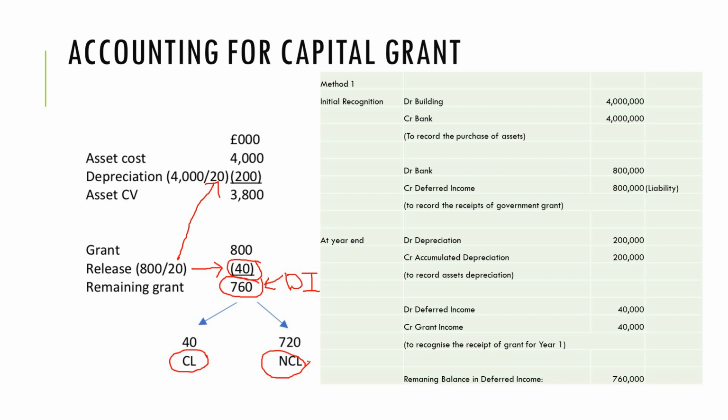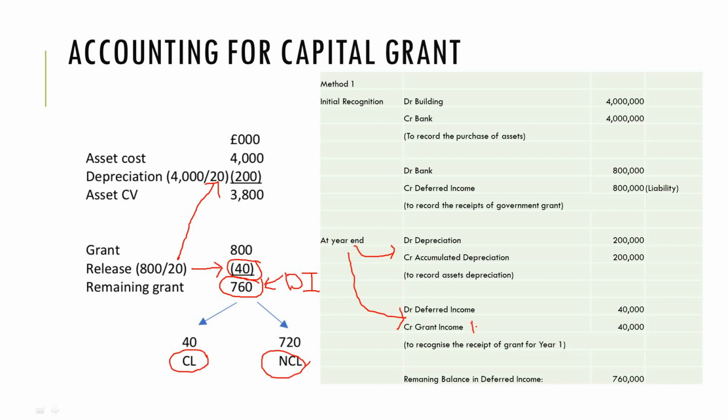So to look into the journal entry, of course, first, you have to debit the asset cost and credit bank, assuming that we use the money at the bank to develop the building. And then we receive money from the government. So debit bank 800,000 and credit deferred income. So now this is our liability. So at the end of the year, you have to calculate the depreciation cost, as well as recognize the amount of grant that we can recognize to our P&L.